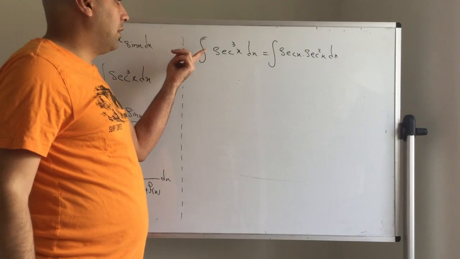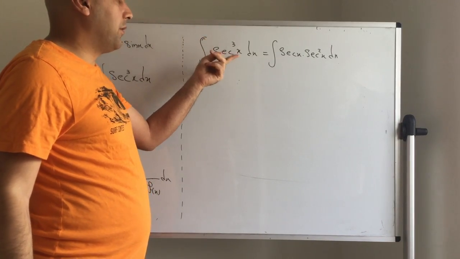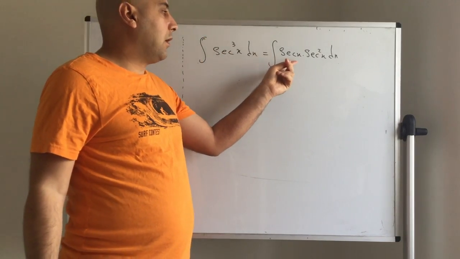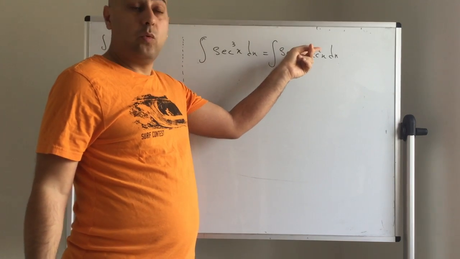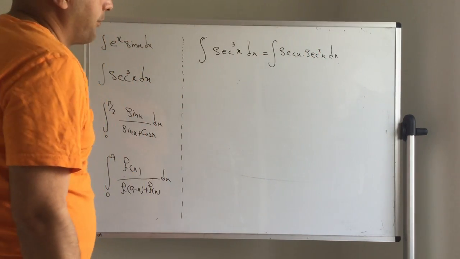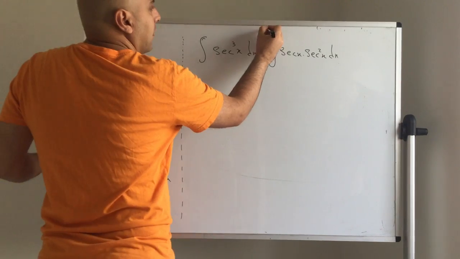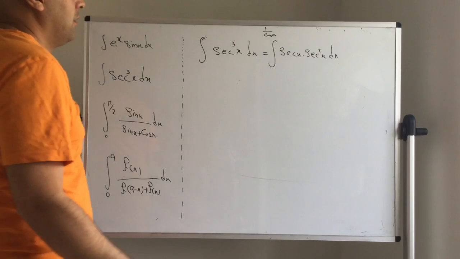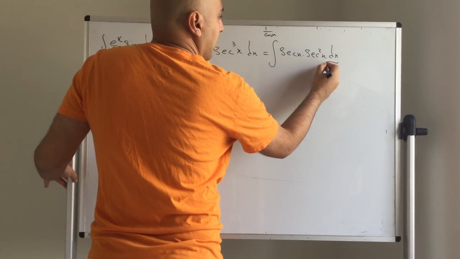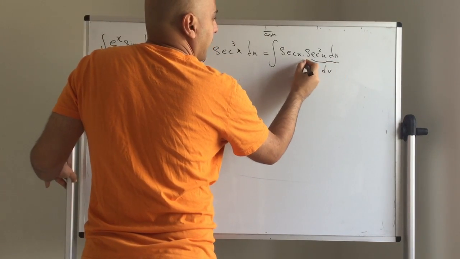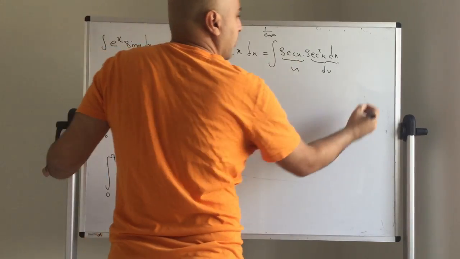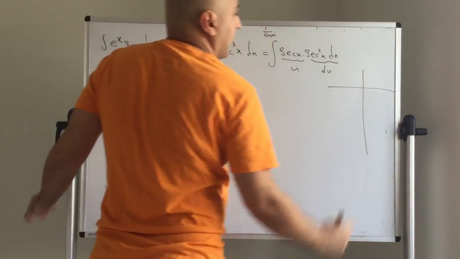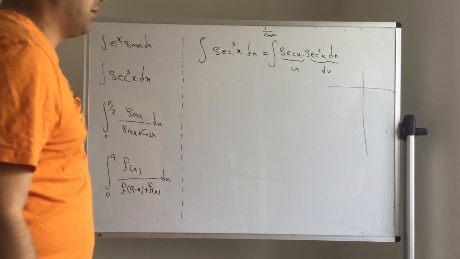I can write secant power 3x as secant x times secant power 2x. We know secant is 1 over cosine x. So now again I'm going to use the part by part method.